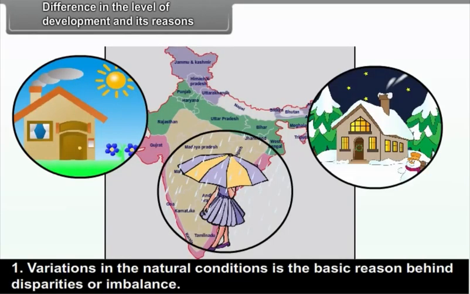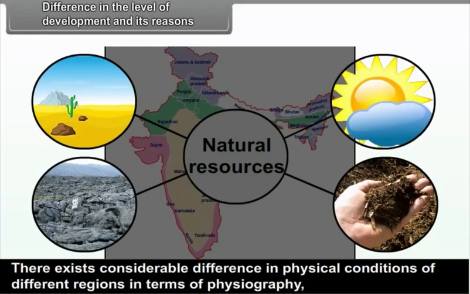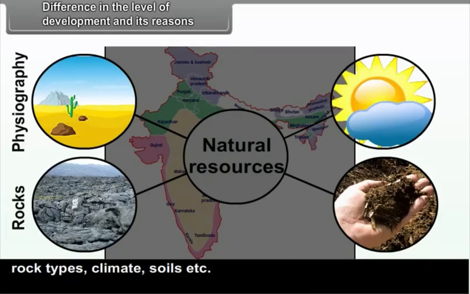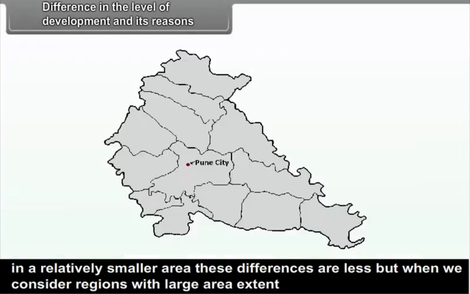Variations in the natural conditions are the basic reason behind disparities or imbalance. There exists considerable difference in physical conditions of different regions in terms of physiography, rock types, climate, soils, etc. In a relatively smaller area, these differences are less.